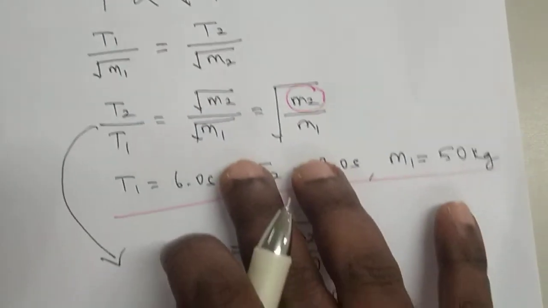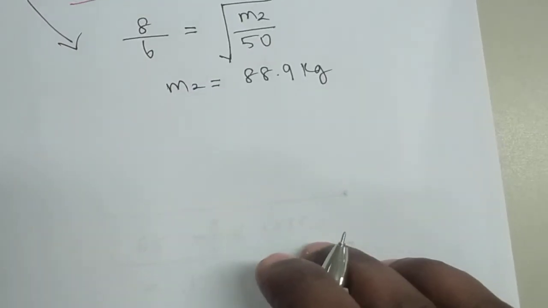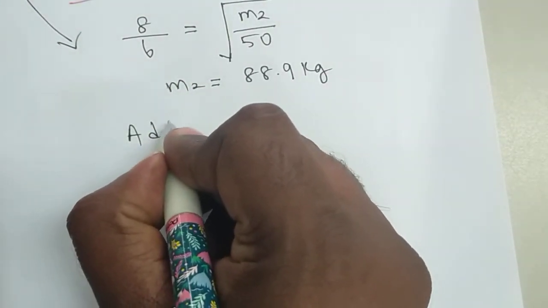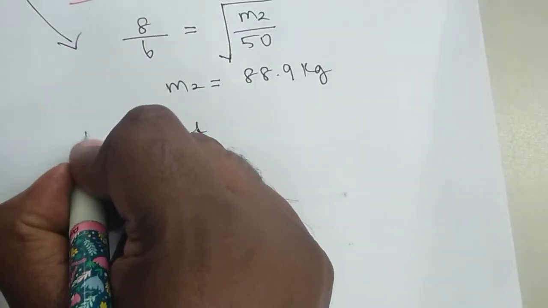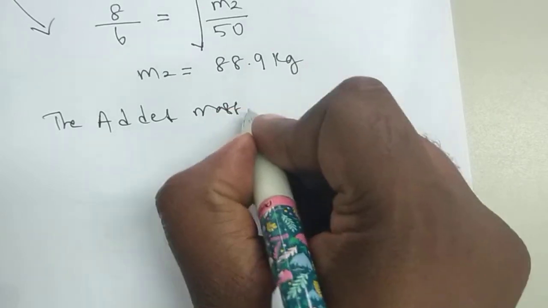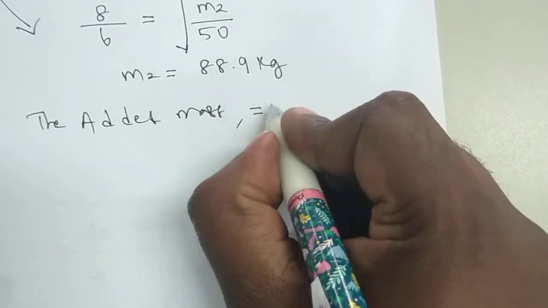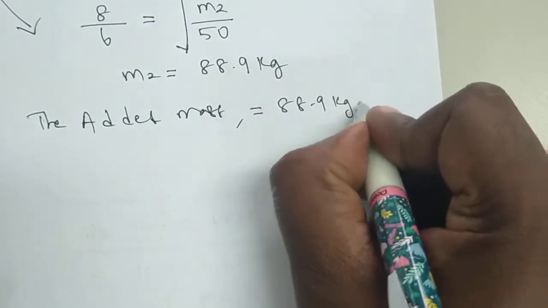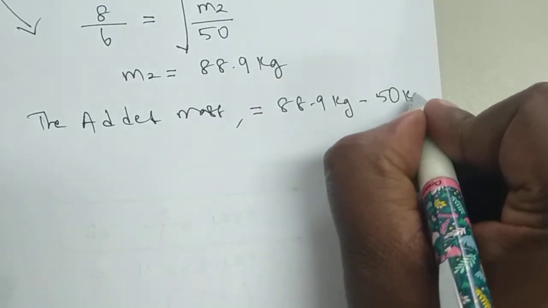So the added mass equals 88.9 kilogram minus 50 kilogram.